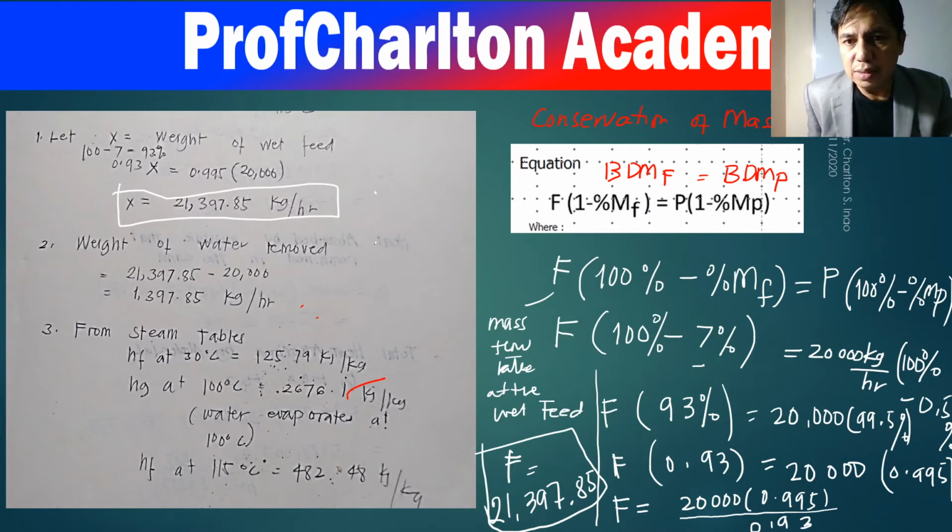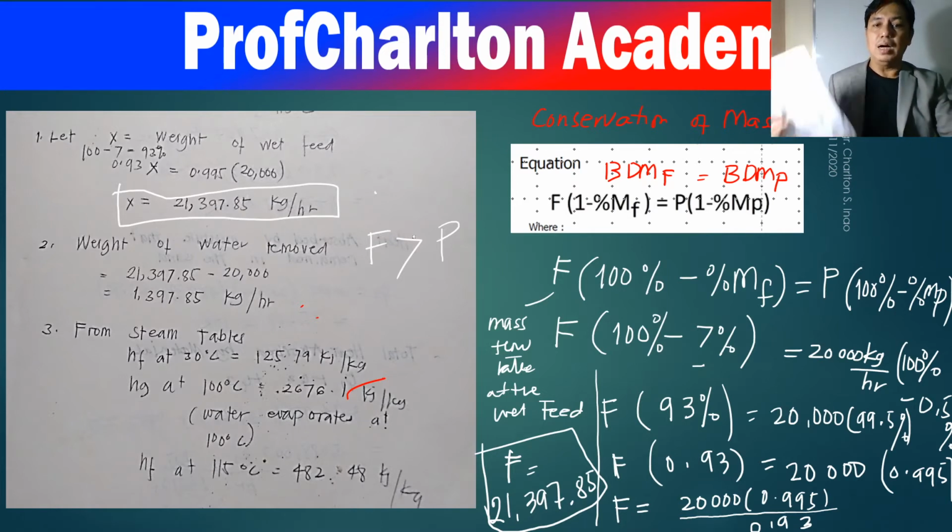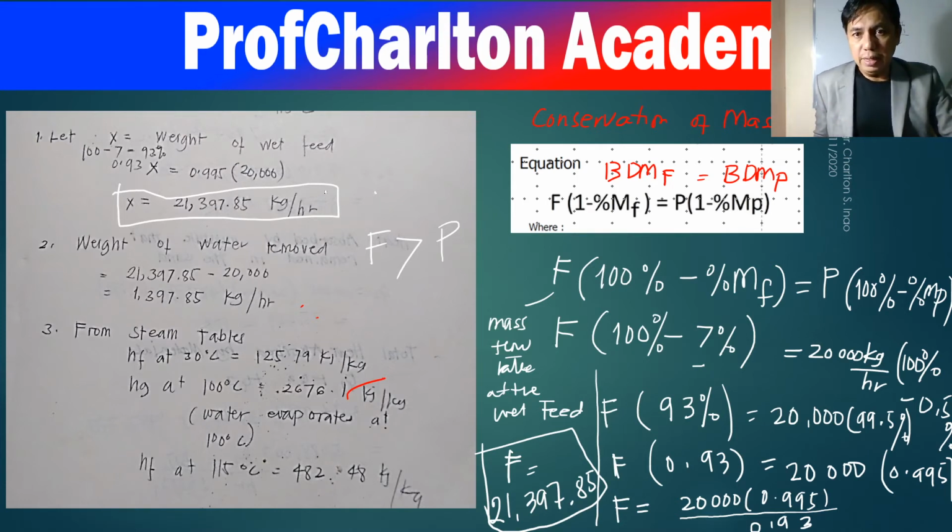Because the feed side should be greater than the product side, because the feed side still has a moisture content. When it goes to the product, the water content will be removed, so it should be less mass with respect to the hour. Okay, I think it's clear.